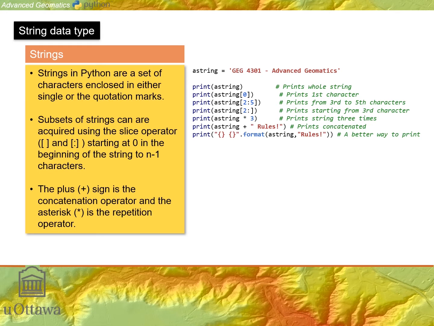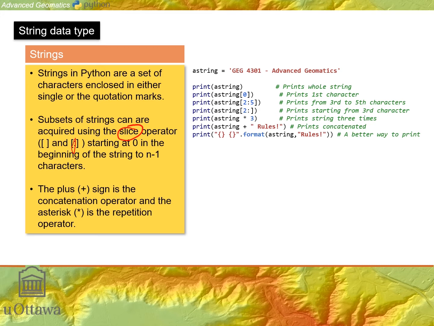String data type. So strings in Python are any set of characters, even if they're numbers themselves, that are found within either single quotes or double quotes. Strings can be sliced. So slicing uses the slice operator, which is the colon right here, inside of square brackets.